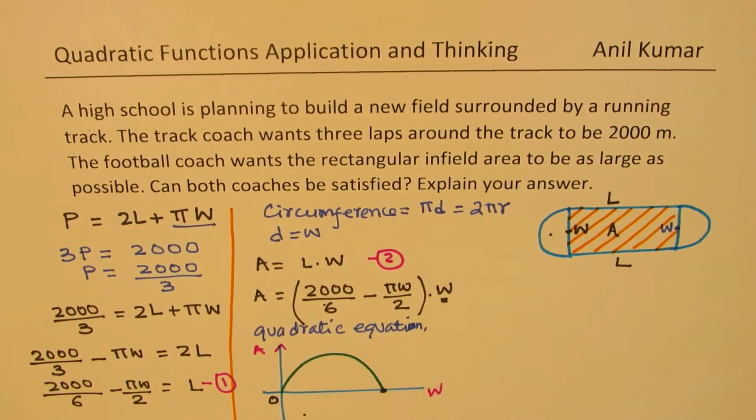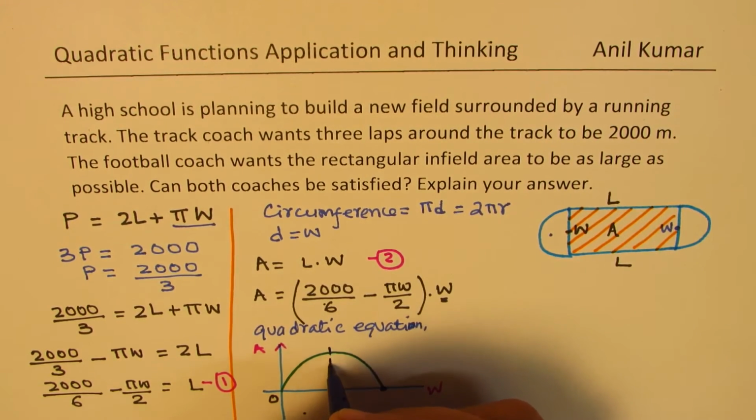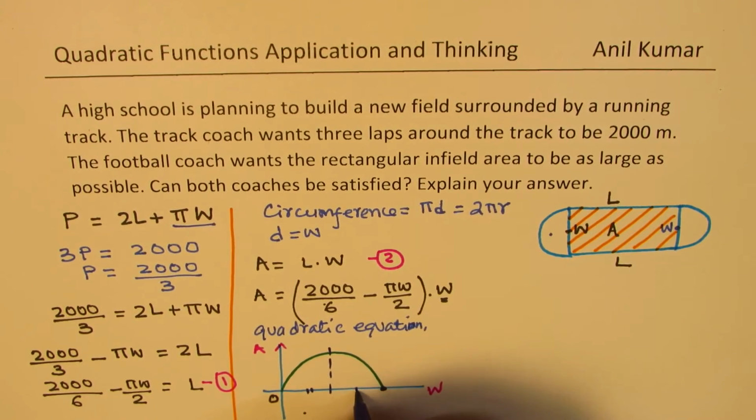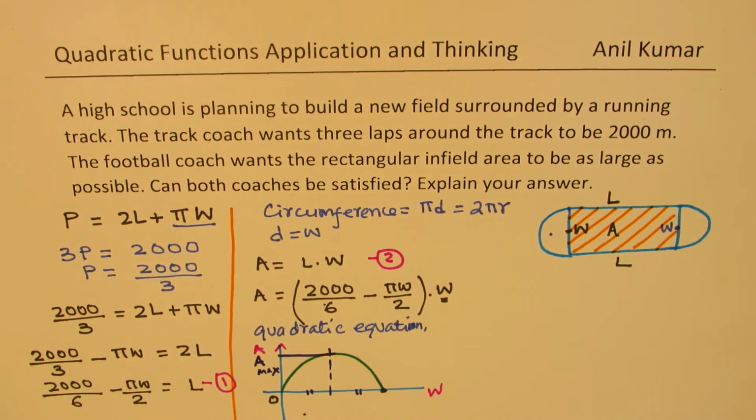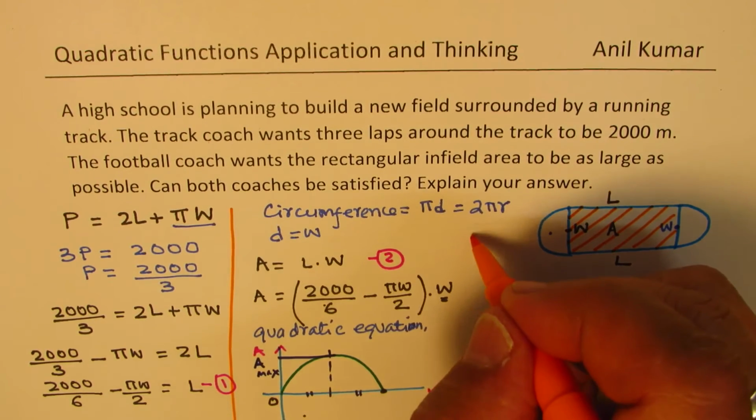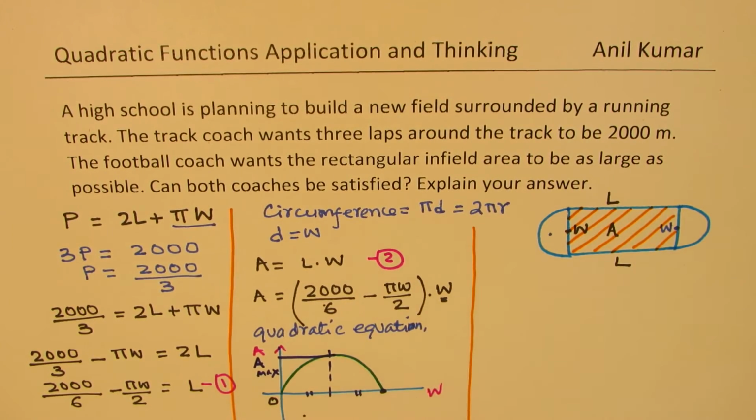So the maximum will be where? Maximum will be right in the center, at the same distance from both. So we are looking for this value of A max. You get the idea. So that is how we are going to use this strategy to solve this.